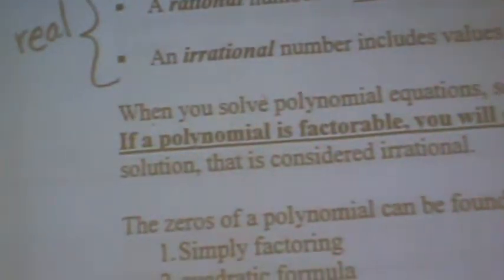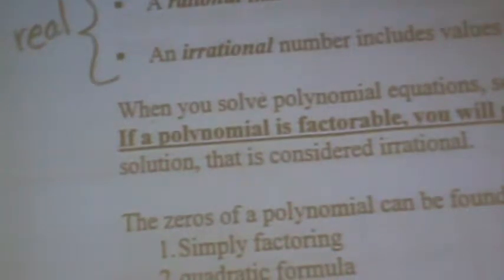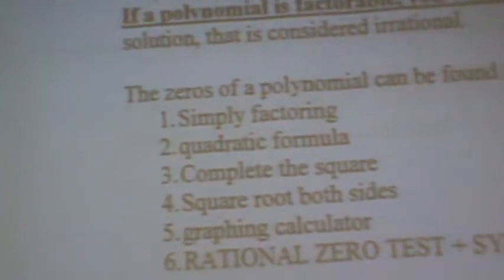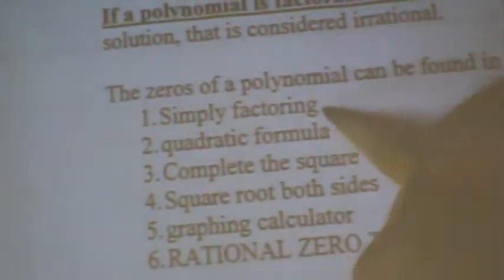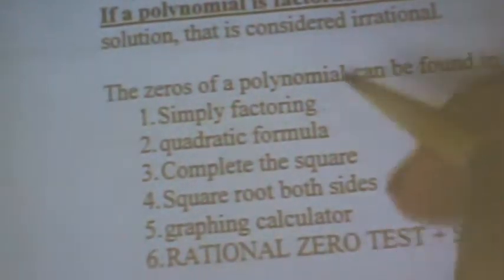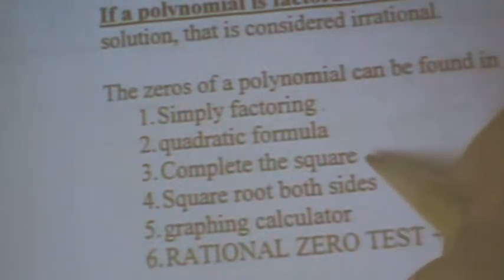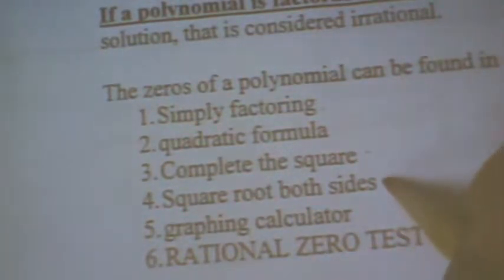Now, when you're solving these polynomial equations, there are different things you're going to do to break them down. One thing you're going to use is simply factoring. You're going to use the quadratic formula. You're going to complete the square. You're going to take the square root of both sides.